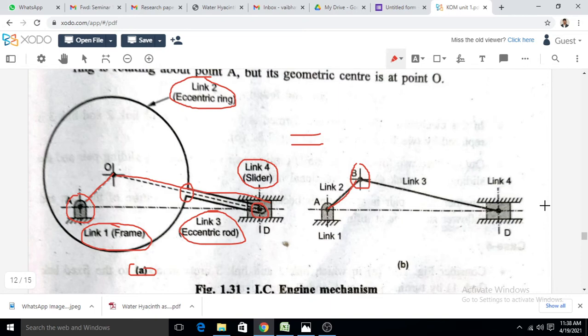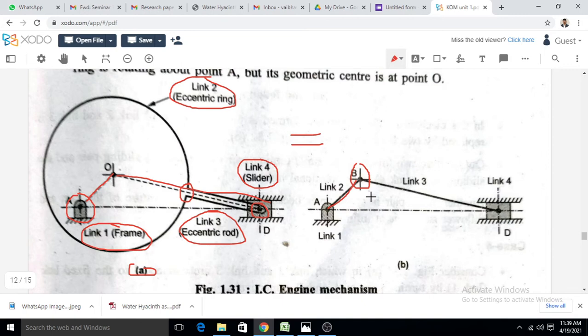If we consider this mechanism and compare it with the IC engine mechanism, then this O to A, that is the crank, is equivalent to AB here in figure B, and O to D is equivalent to B to D, which performs the function of the connecting rod.